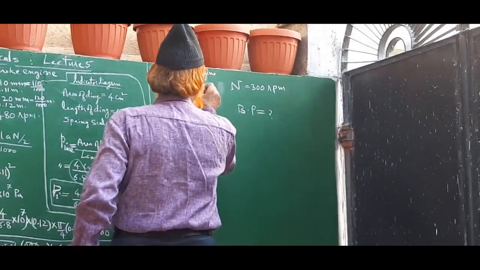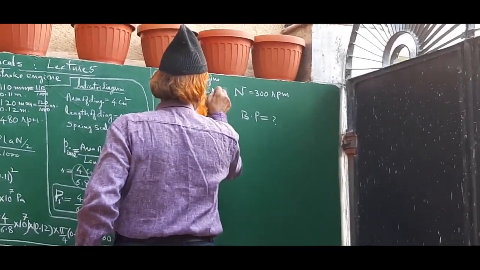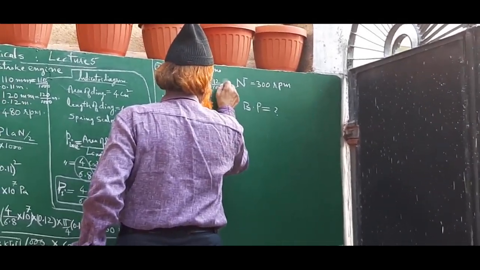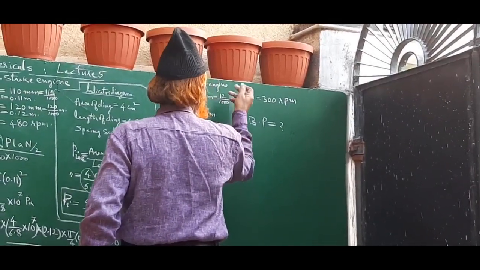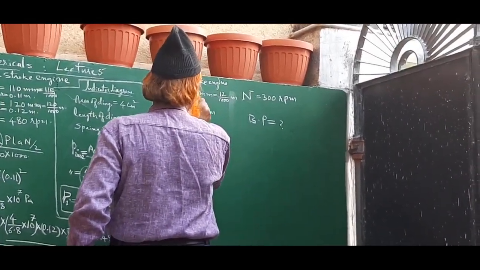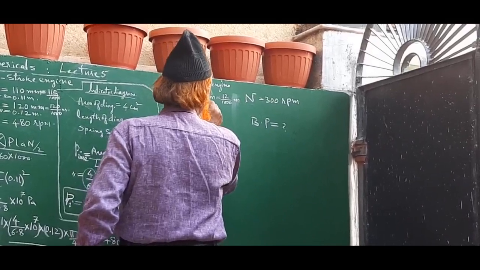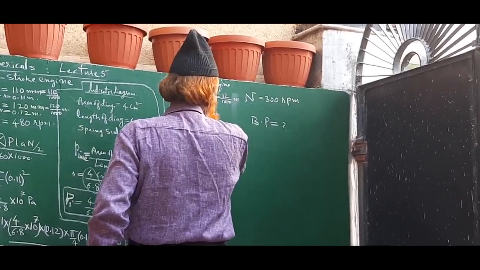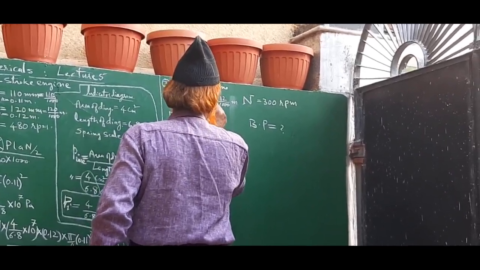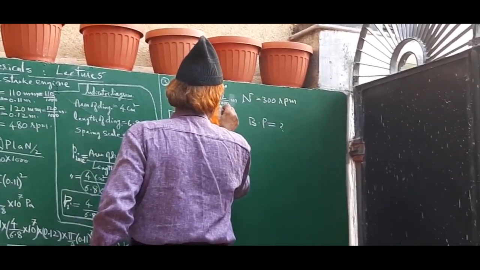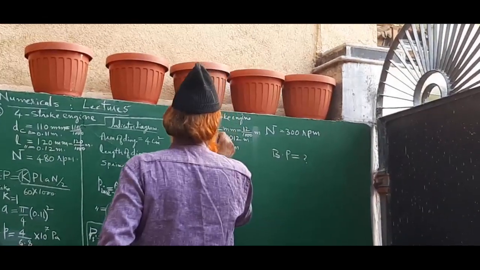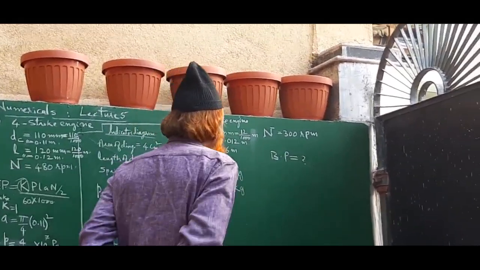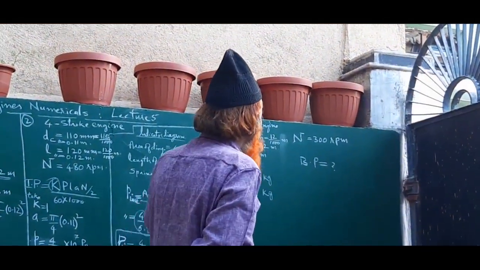This 12 mm is changed into meter: 12 by 1000 meter, or 12 into 10 to the power minus 3, or 0.012 meter. We have to get the mean effective radius, therefore convert it into meter separately.